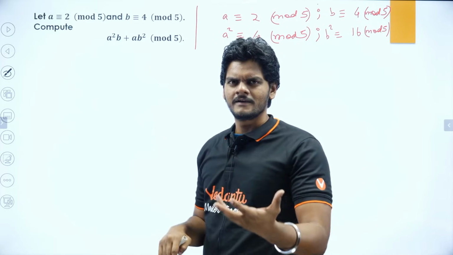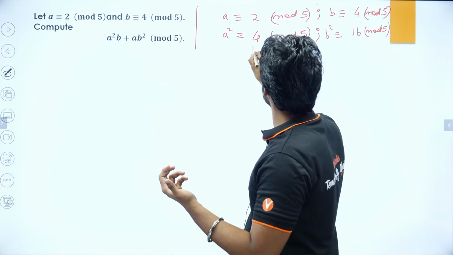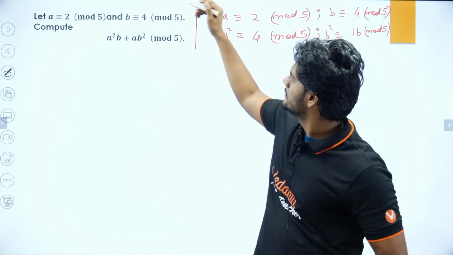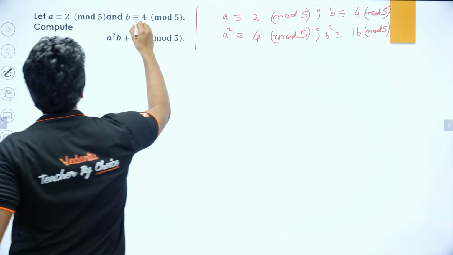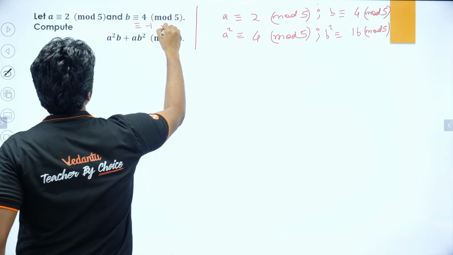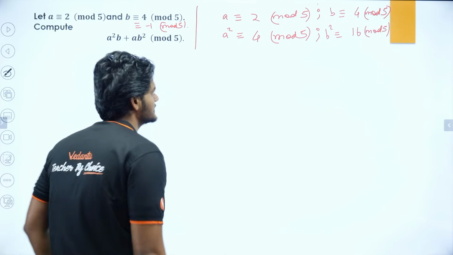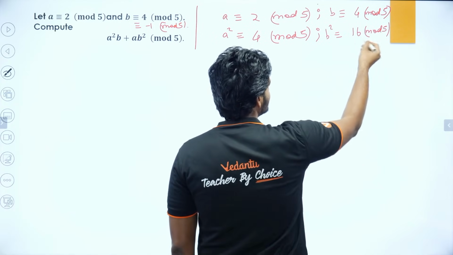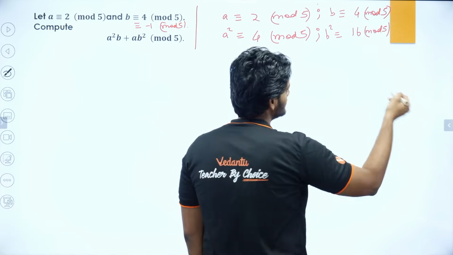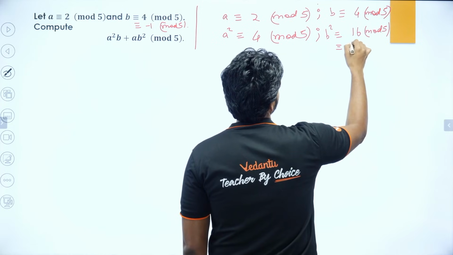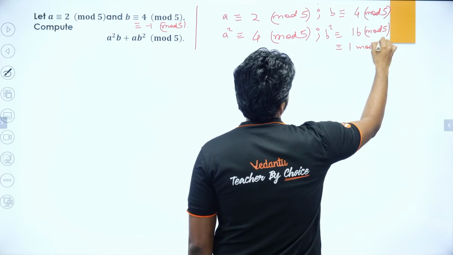In fact, I would have written 4 as minus 1. This is also congruent to minus 1 mod 5. That would make it even easier, but still. So 16 is 15 plus 1, so this is congruent to 1 mod 5.